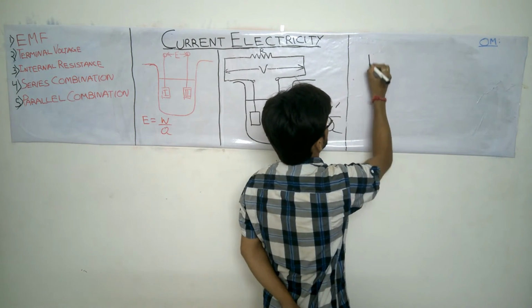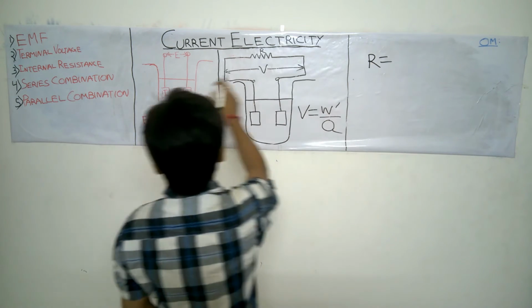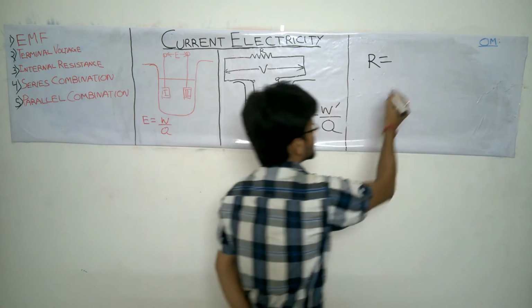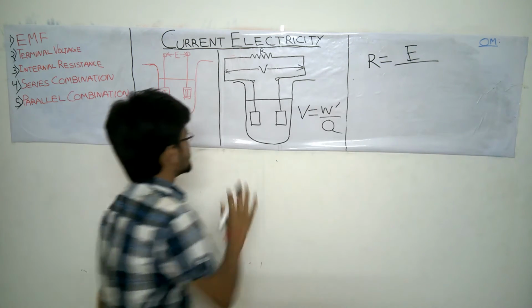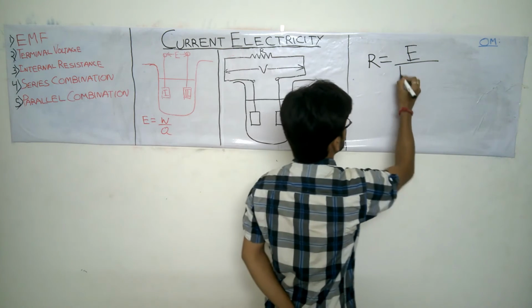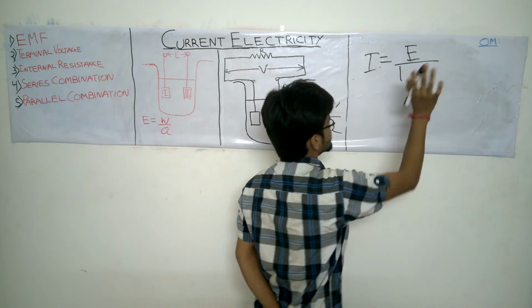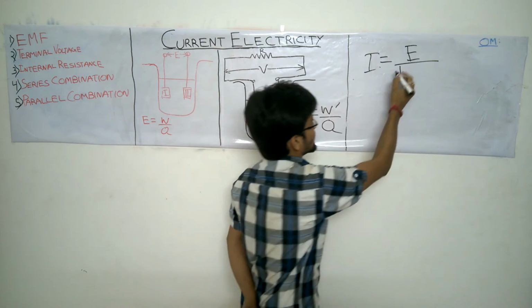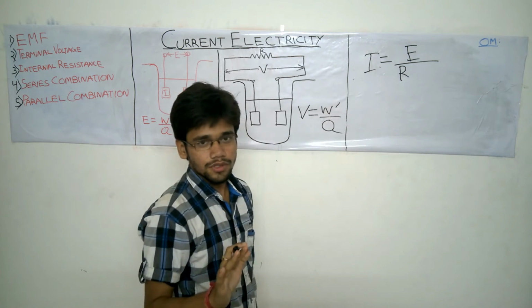That is, the current is equal to the entire voltage inside the cell, that is E, divided by the total resistance that we have. The current is equal to voltage by resistance, we all know by Ohm's law.